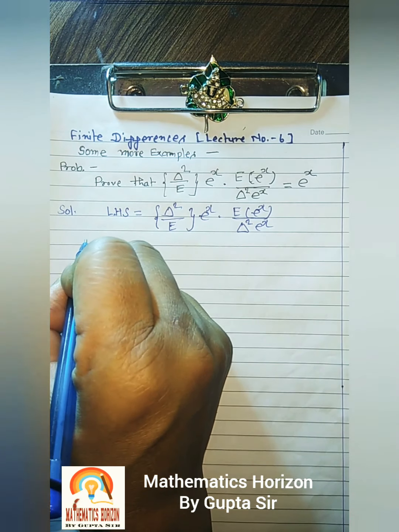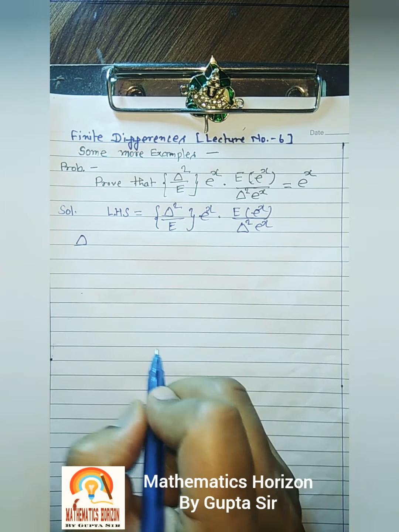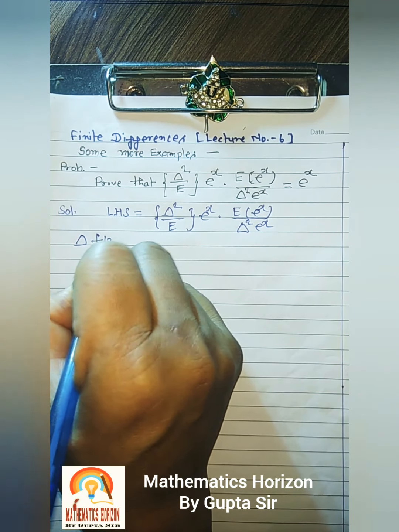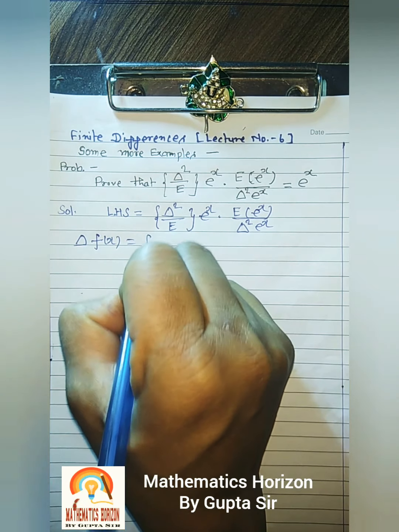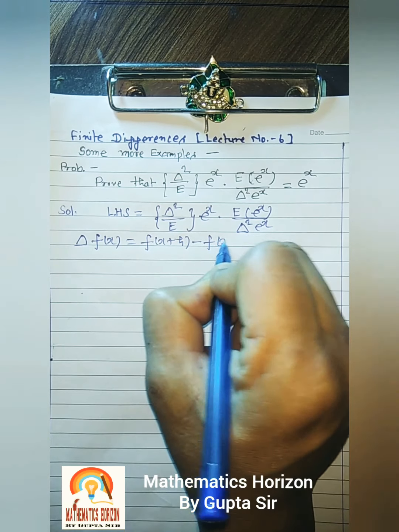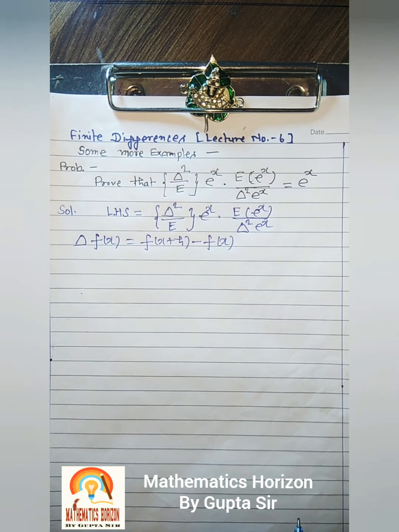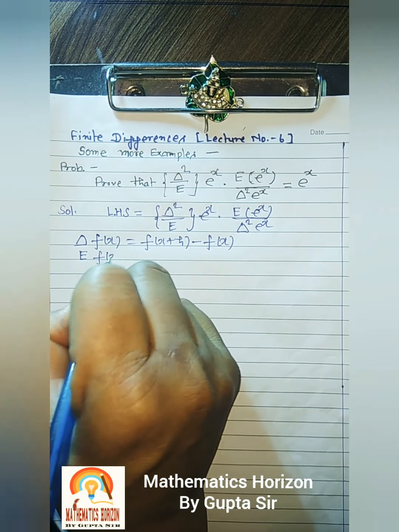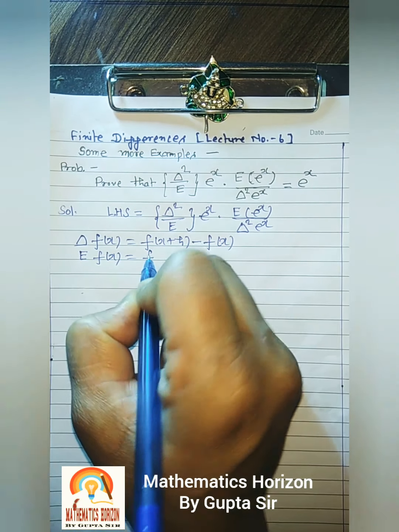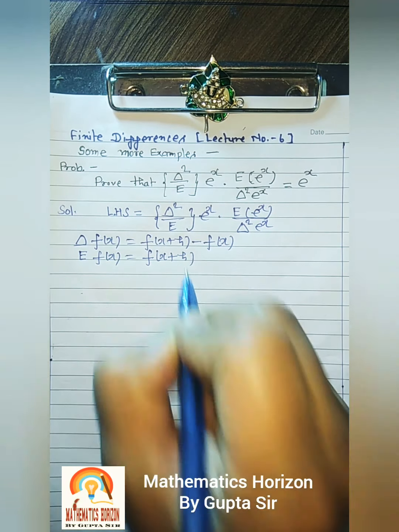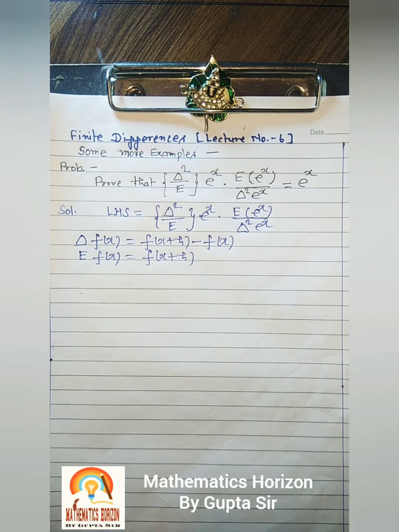Here we know that Δ is a forward difference operator, and also we know that Δf(x) is equal to f(x + h) minus f(x), and E is a shift operator, that is E f(x) is equal to f(x + h).